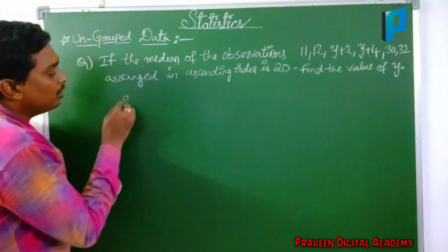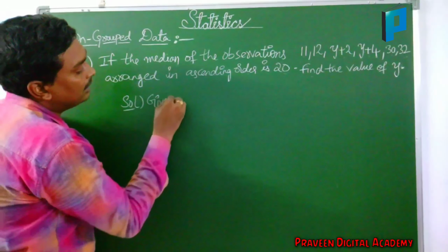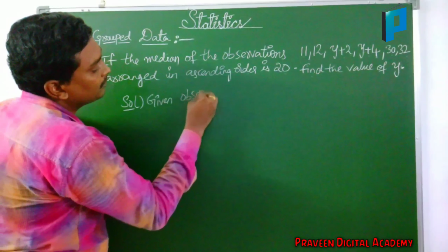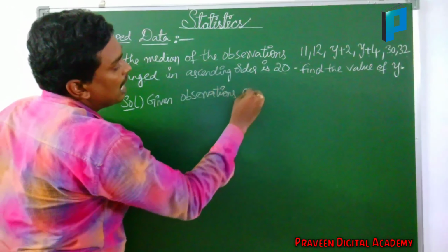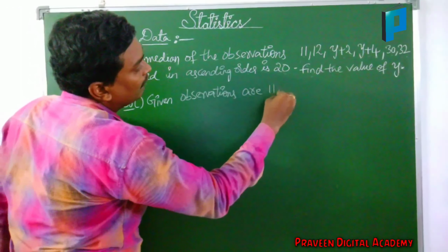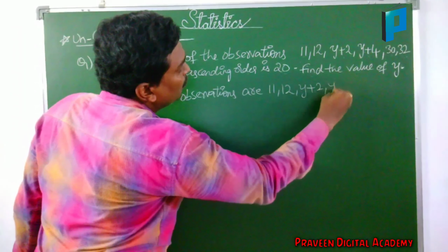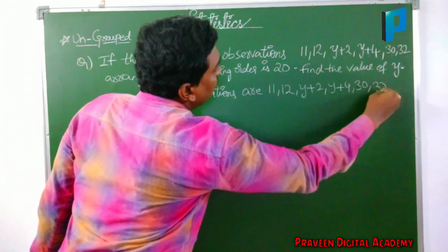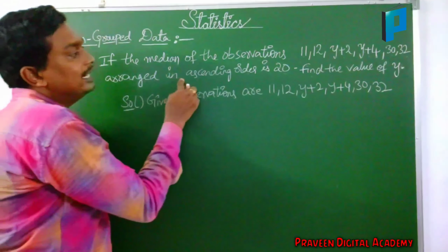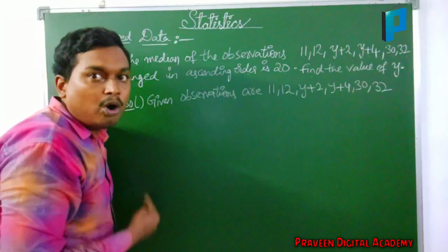In the solution, given observations are 11, 12, y plus 2, y plus 4, 30, 32. And they said that these observations are in ascending order.